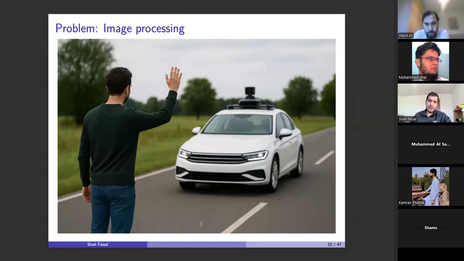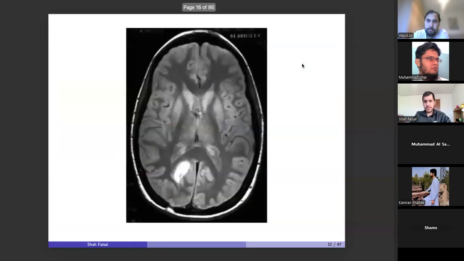For example, if a car is coming and somebody is standing in front, the cameras take a picture and tell the car there is somebody. So in this case, the car is basically analyzing the information coming from the pictures.